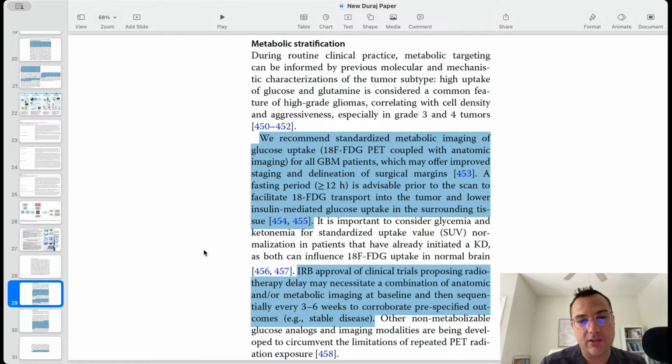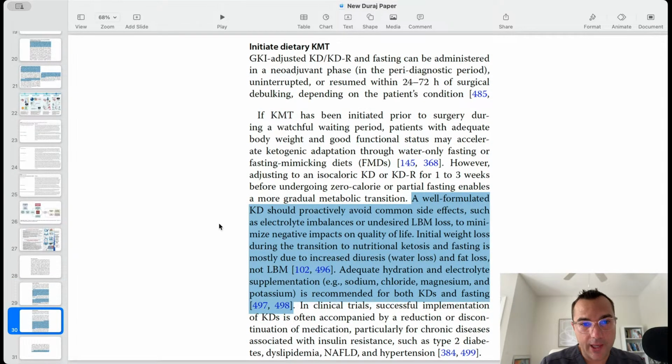Because I do believe that some are more hungry for glutamine than glucose, although they do require both chemical substrates. And it says here that in this next portion, you would actually start dietary ketogenic metabolic therapy.